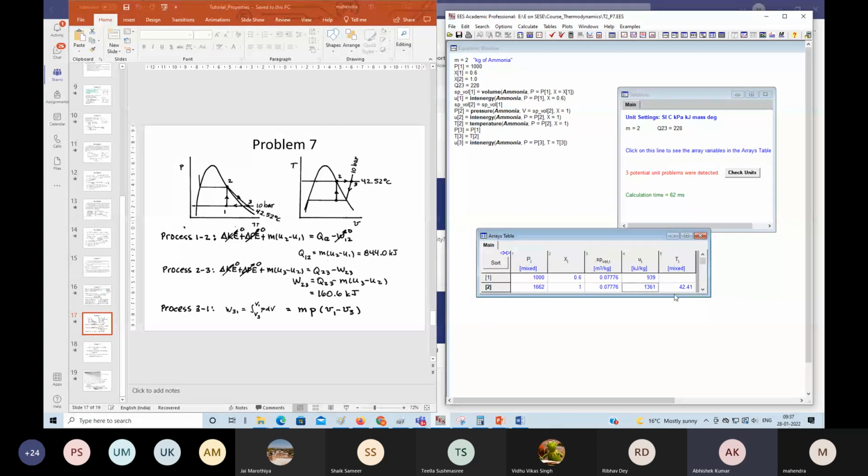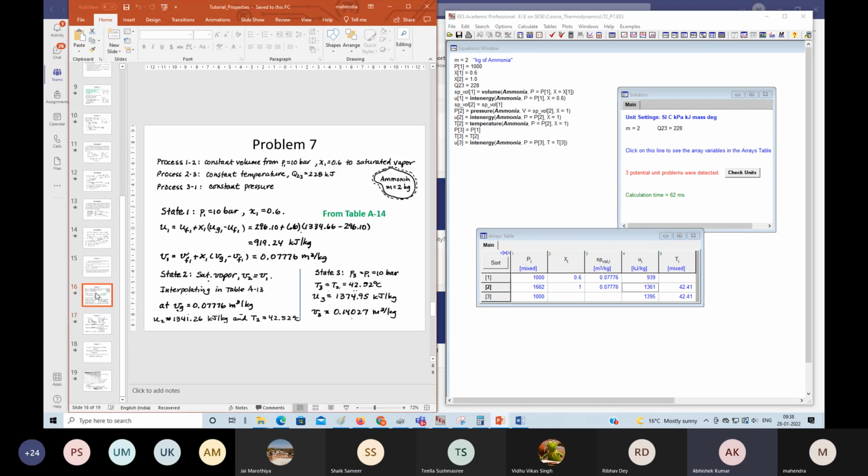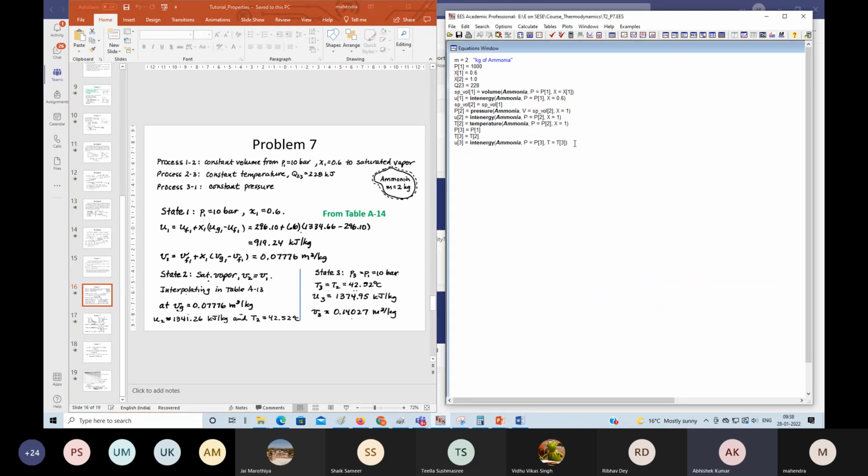So what is given? U3, U3 1395, is it? Let me see. U3, yeah, 1374, a little higher side. Okay, then fine, no problem. Then what do we need to find out next? Specific volume, we need to find out.